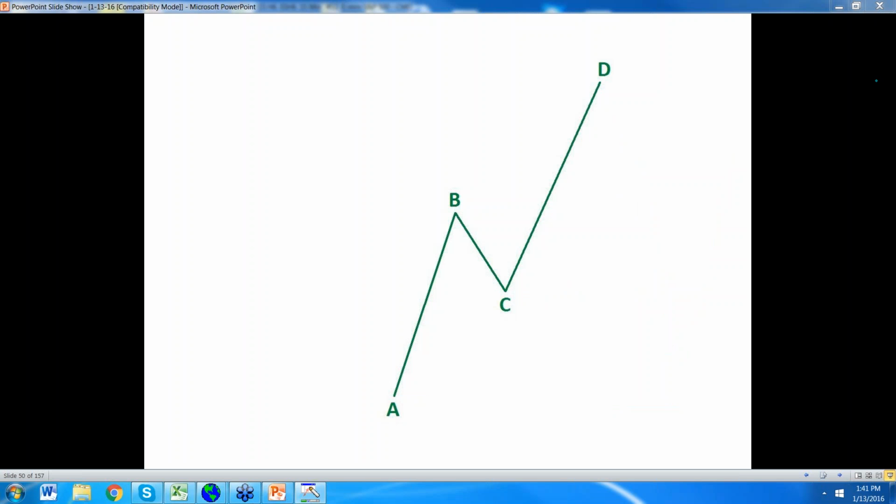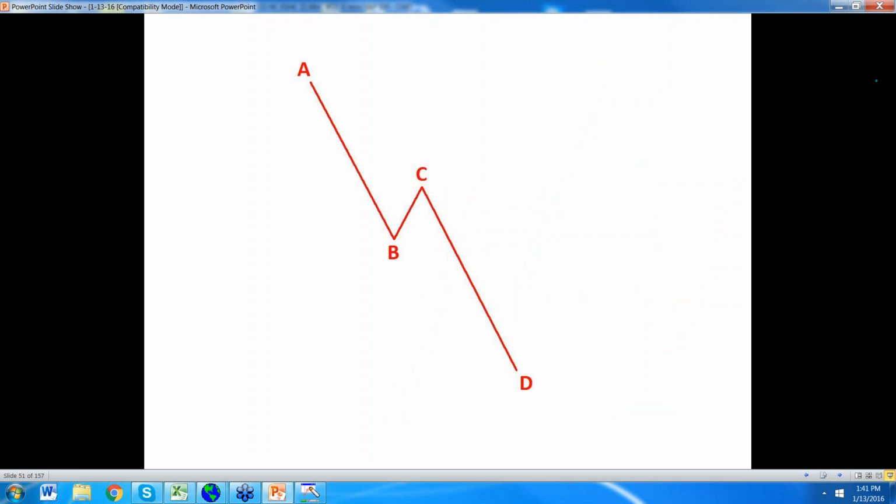Okay, and also if you're going down, the same thing happens. If price action somehow makes its way up over here like this, above point C being very shallow, this is a very, very unstable zone.